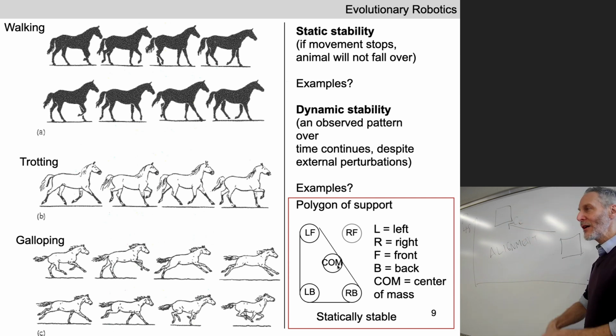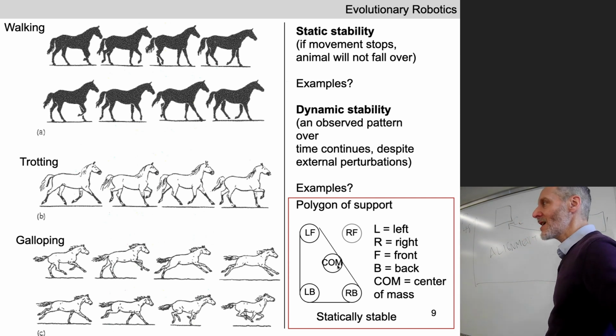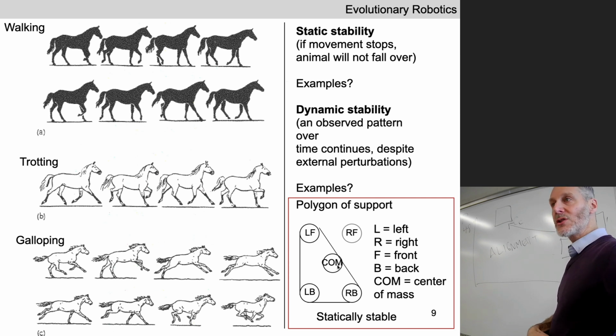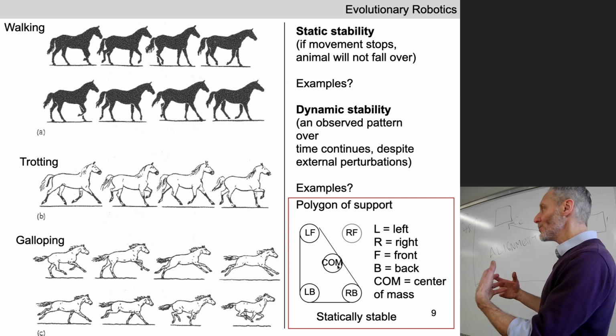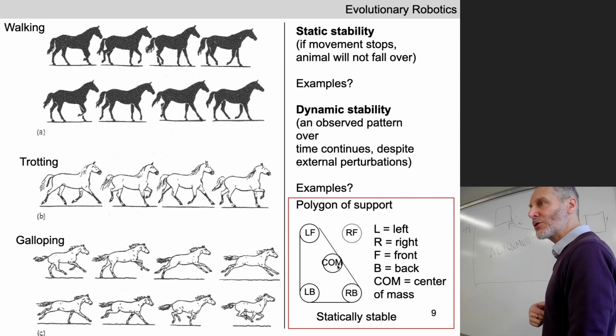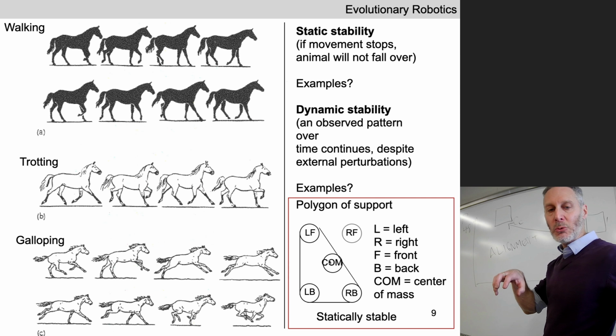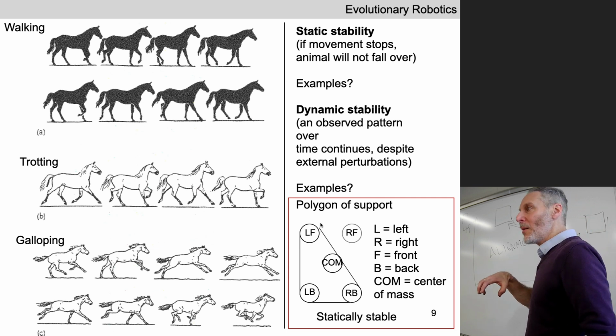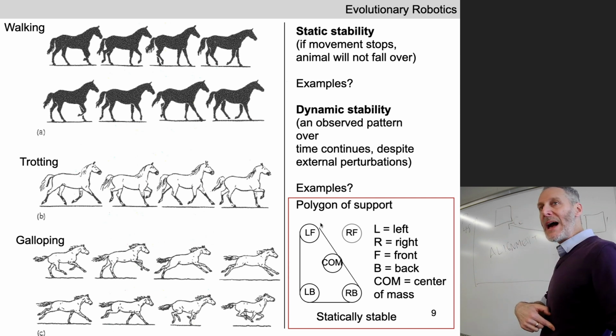If you now go back and think about yourself walking, there's a period in time in which your center of mass is balanced over your back foot. You're statically stable. As you lean forward, but before your front foot comes in contact with the ground, there's a moment at which your center of mass passes outside your back foot.